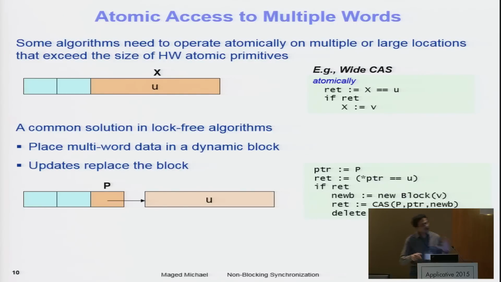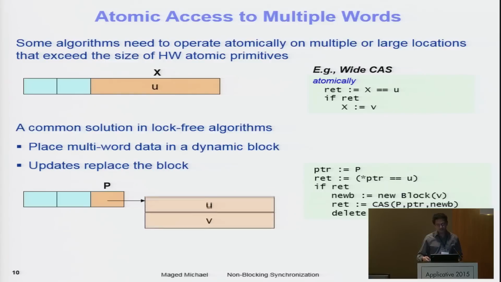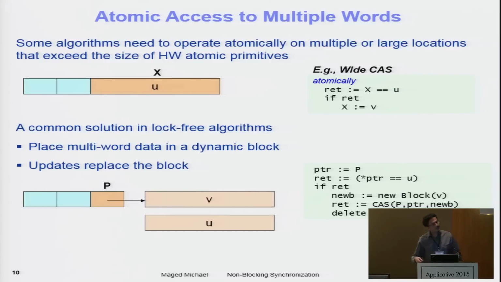So it looks like a very simple piece of code, relatively small, but it's full of problems. That's when you want to update, you want to switch the values by switching blocks.